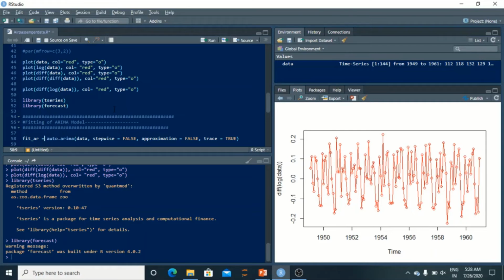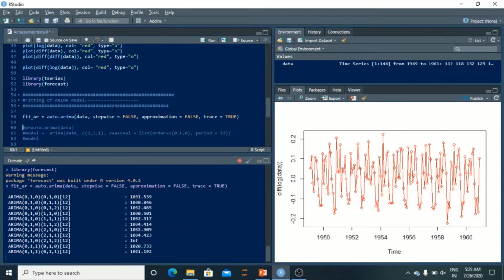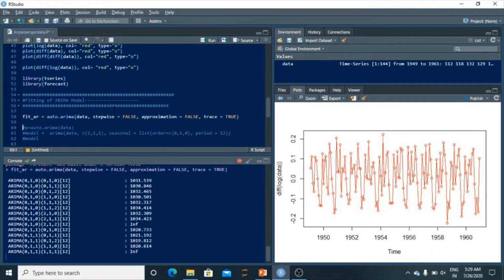So auto.arima does that process automatically. Let's observe how auto.arima fits the model, how it changes the parameters, and how it settles when it realizes that this is the best fitted model with minimum variation.